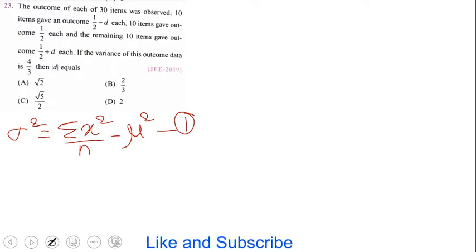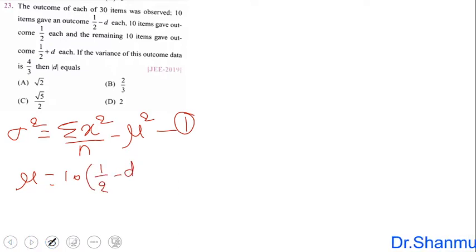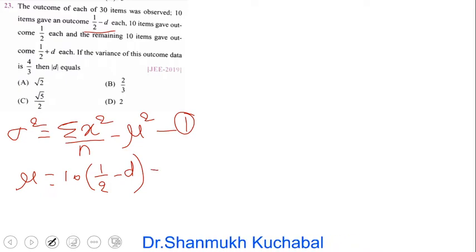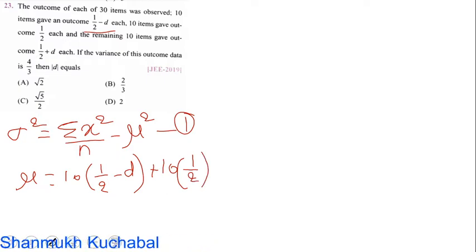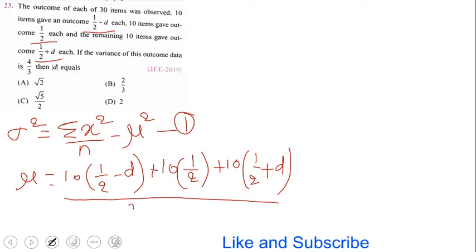So next, mu we will calculate. The formula is: the observations here are first 10 of 1/2 - d, next 10 of 1/2, and next 10 of 1/2 + d, so every term we have to add d here. And the whole is divided by 30, since totally we have 30 observations.